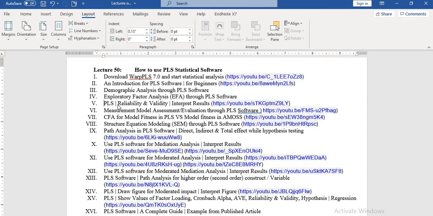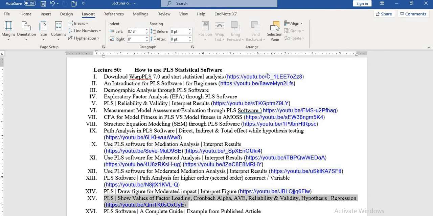in the published article. Then we give our understanding about measurement model evaluation in PLS software, what the model fitness is and how you can test your model by using the PLS software. Then what is the difference between PLS and the model fitness in AMOS, then structural equation model, and then path analysis, and then the lectures were about mediation and moderation analysis, moderated mediation analysis, and direct and indirect paths.